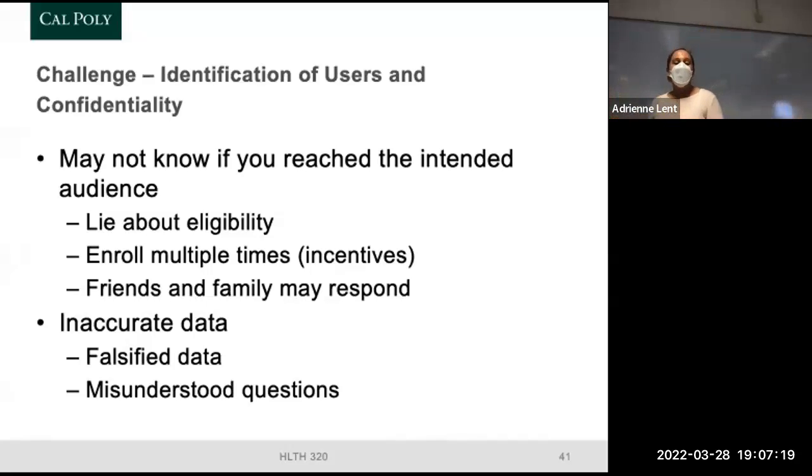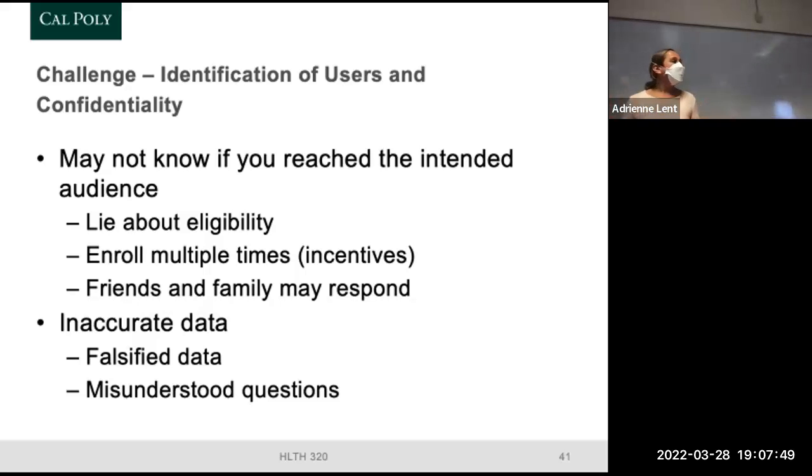And you can also get situations where friends and family might respond. You might call a number, and maybe a family is sharing a cell phone, and you might get someone else who isn't the intended person that you're trying to reach. You might get inaccurate data too, especially if you've got incentives involved. People sometimes like to go through those surveys real fast and collect that data just to get the incentive at the end, but people can falsify that data.